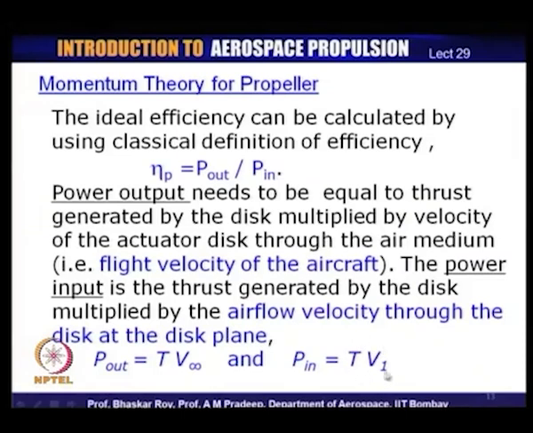So, that is the actuation power required for actuating the propeller. This calculation allows us to find the values of power input and power output, from which we can find out what the propeller efficiency would be using this actuator disk model.